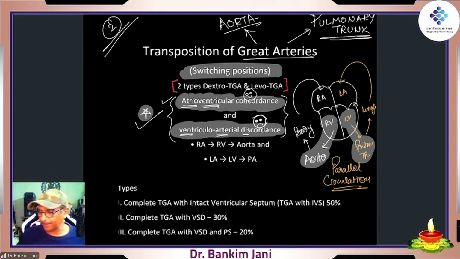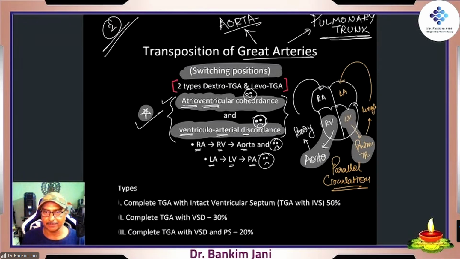If you have a doubt, ask, because there is so much to cover that I'm proceeding further, but in case of any doubt, just let me know. Right atrium to right ventricle to aorta: wrong, so that's why this is discordance. Left atrium to left ventricle to pulmonary artery: wrong, so this is also discordance. This is also unhappy.